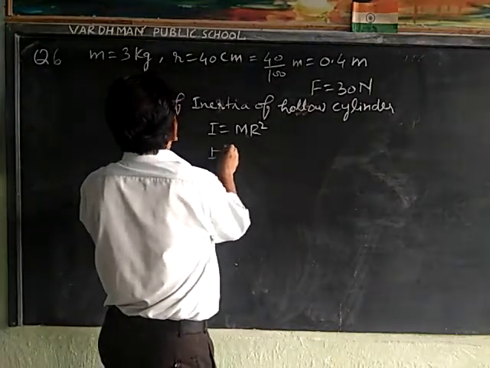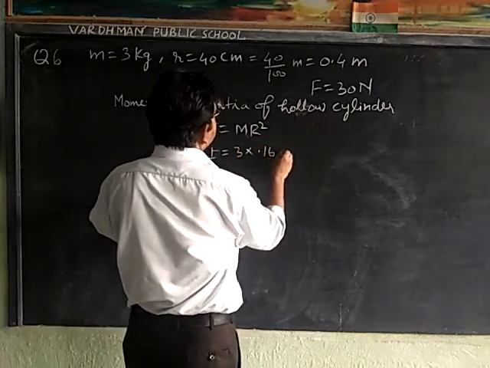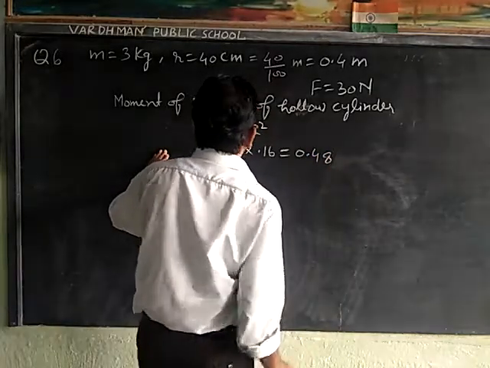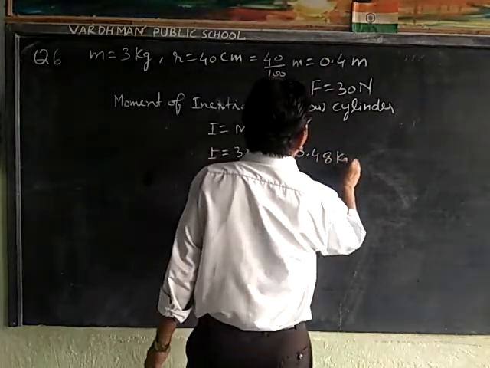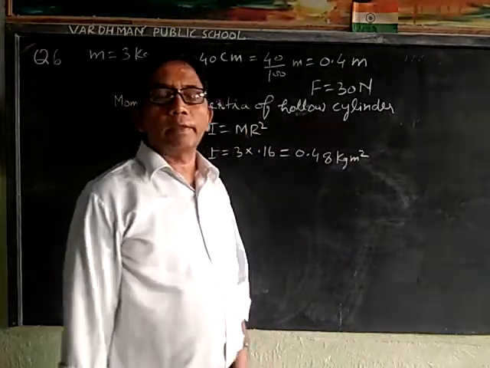I is equal to mass 3 and r square 0.16, that is 0.48 kilogram meter square.